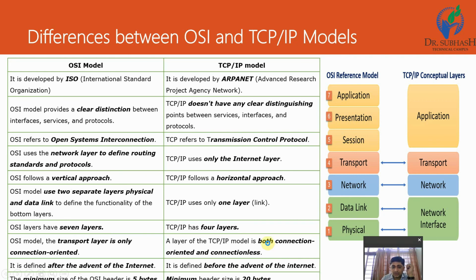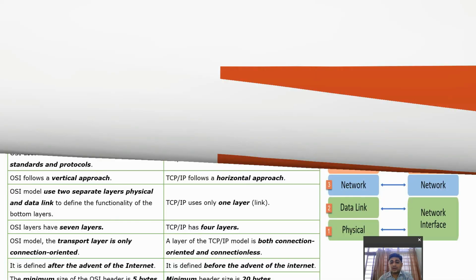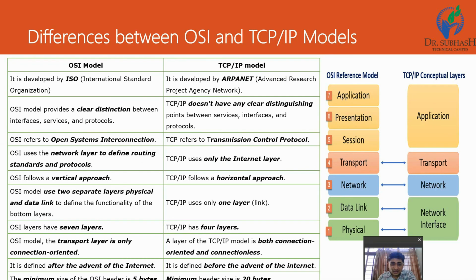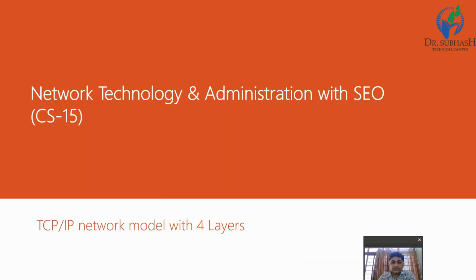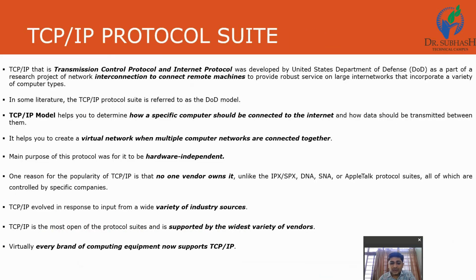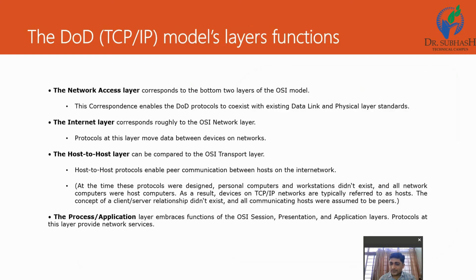So we quickly revise the TCP/IP model. Basically it has 4 layers, it is hardware independent, supports connection oriented transmission, and it supports most of the devices. It has 4 layers: link layer, internet layer, transport layer, as well as application layer.